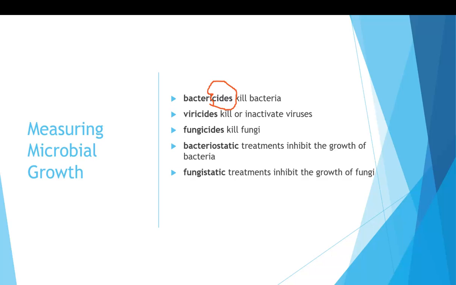Fungicidal means killing fungi. And then we have the static. For example, bacteriostatic reagents can inhibit the growth of bacteria, but it doesn't mean they can kill them. Fungistatic can just stop or inhibit the growth of fungus.